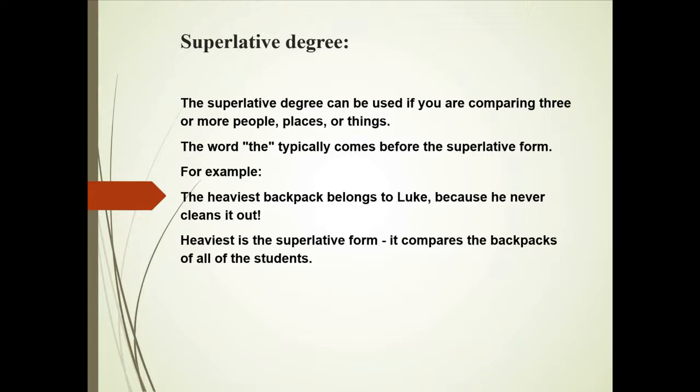In this sentence, heaviest is the superlative form of heavy. It compares the backpacks of all the students, and the here is following the superlative form. So whenever you see the before an adjective, you can easily say this one is a superlative degree.